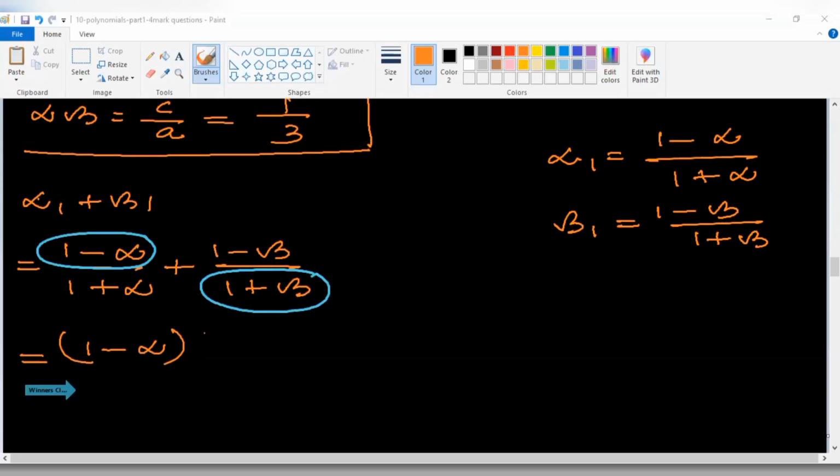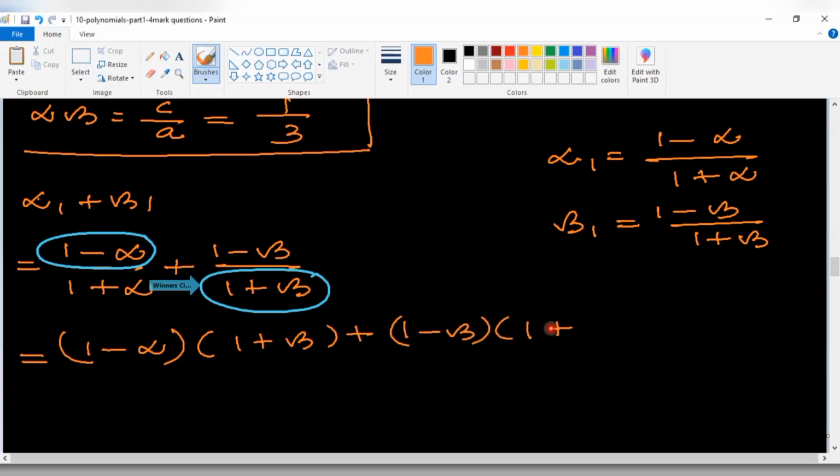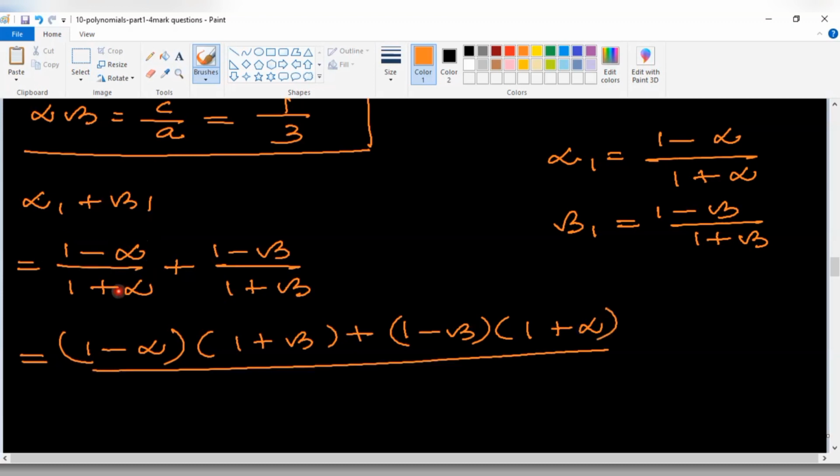So 1 minus alpha into 1 plus beta, plus, because here we have a plus sign, then 1 minus beta into 1 plus alpha, divided by 1 plus alpha into 1 plus beta.